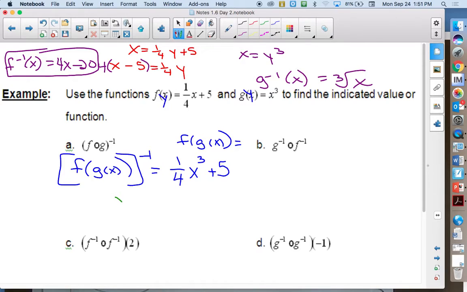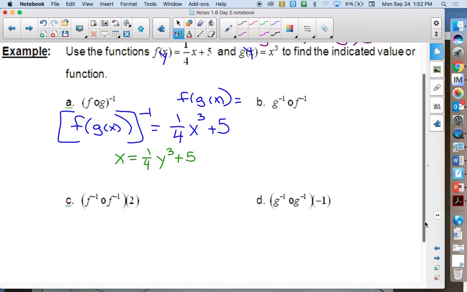So we would switch x and y and find its inverse. We're doing the composite first and the inverse second because of where the negative 1 is located. So subtract the 5.